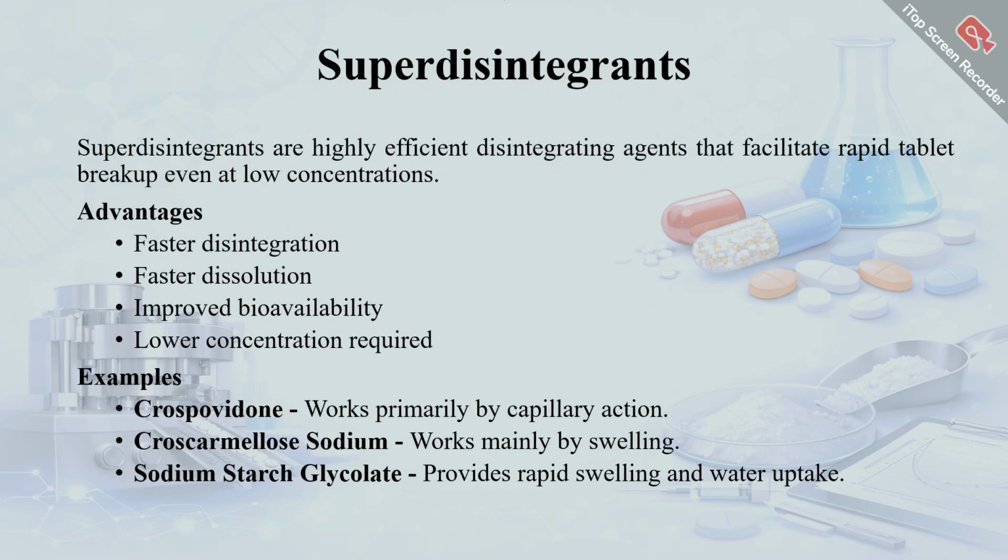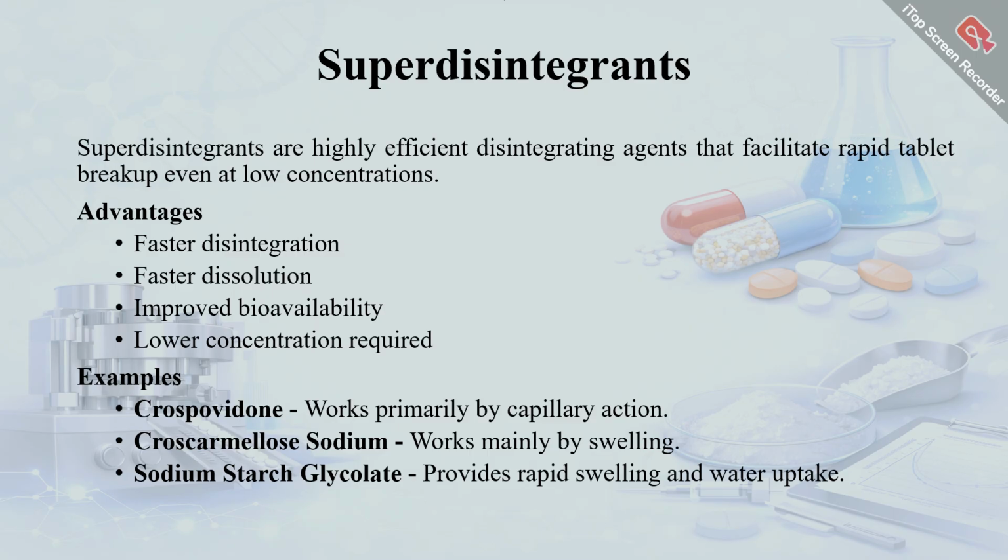Next, super disintegrants. Super disintegrants are highly efficient disintegrating agents that facilitate rapid tablet breakup. Whenever the action should be very fast, for immediate release tablets, we should use a super disintegrant; when administered, it should disintegrate and produce the action.